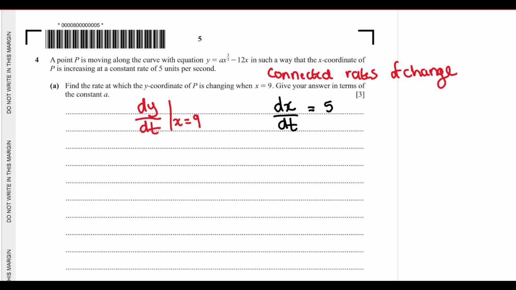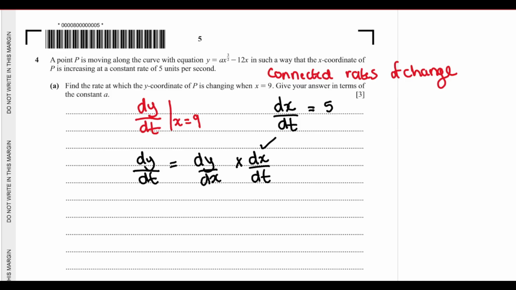But the problem is we don't have an equation that's in terms of y and t. We only have one that's in terms of y and x, but we can use the chain rule to change around. We have the chain rule: dy/dt is equals to dy/dx times dx/dt.